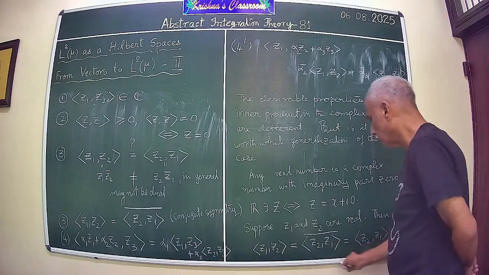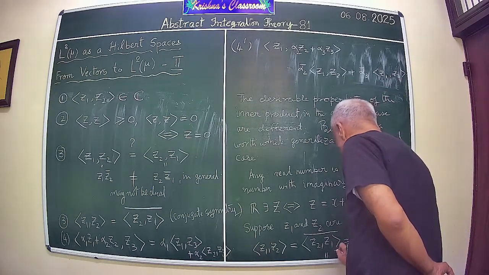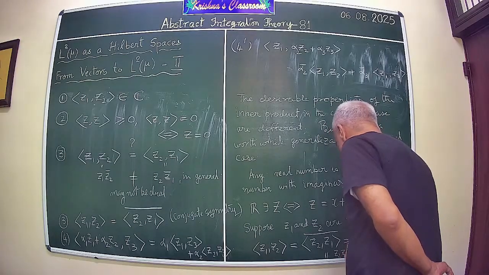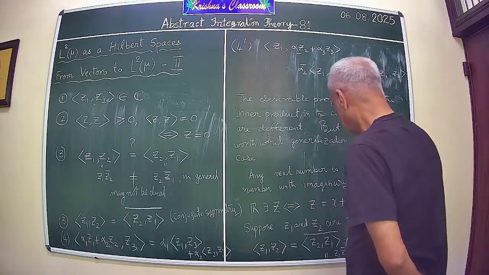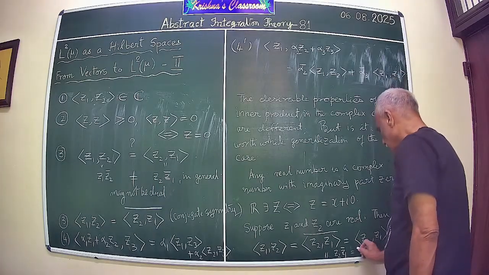Why? Because this is equal to conjugate by definition, and that is equal to Z2 Z1.